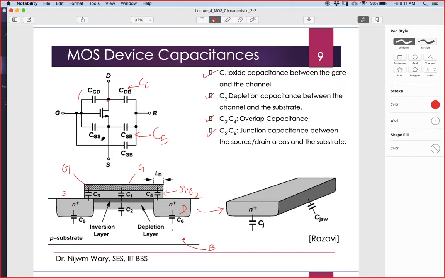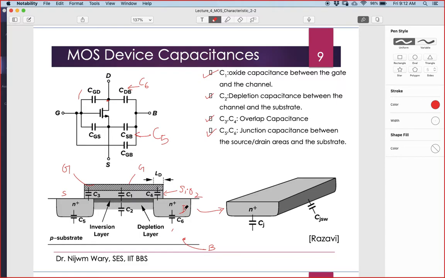So the parasitic capacitance varies based on the operating condition of the device. In fact, the drain to bulk parasitic capacitance depends even on the drain voltage. We will see how it depends.